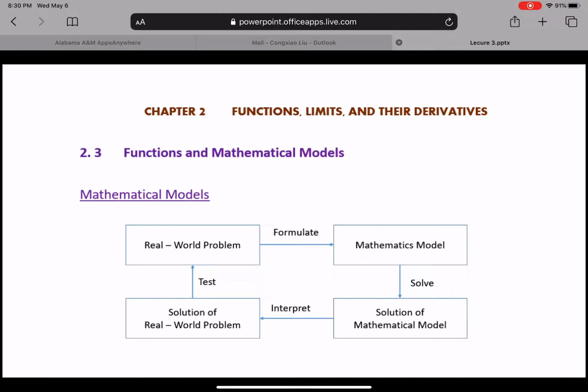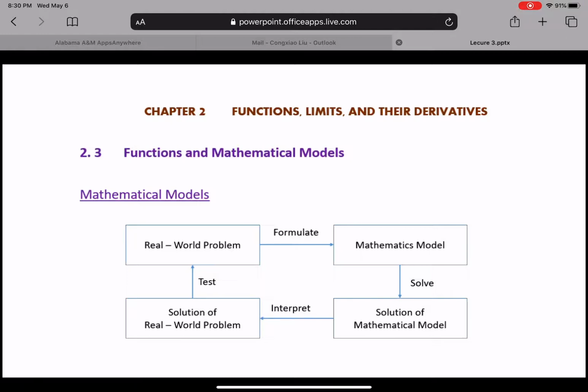You still need to test it. And if there's any discrepancy with the real world problem, then you need to modify the model and do the whole process again to modify the model, the equations, and solve it again.